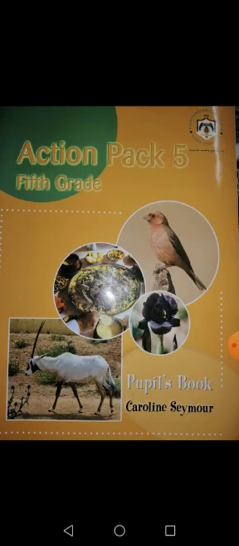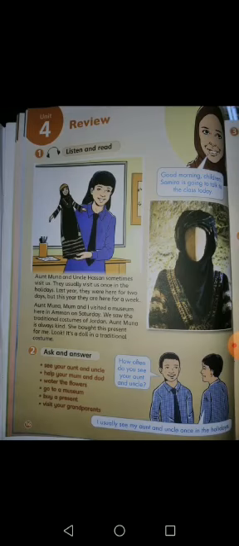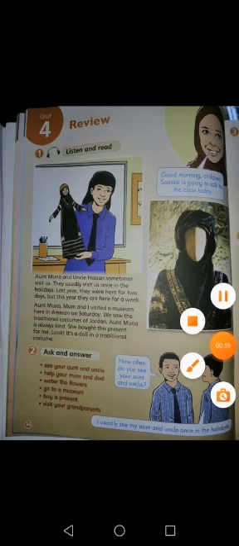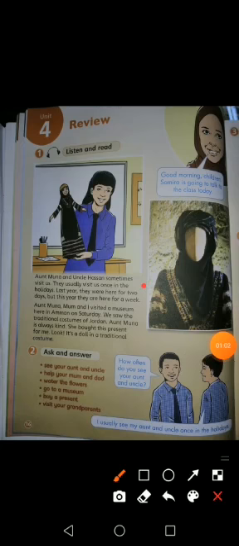Pupils Book, page 16, Unit 4, Exercise 1. Listen and read. Good morning, children. Samira is going to talk to the class today. Aunt Muna and Uncle Hassan sometimes visit us. They usually visit us once in the holidays.